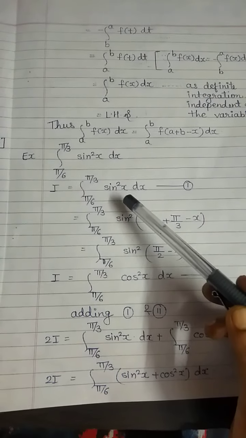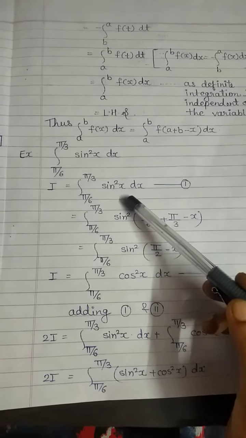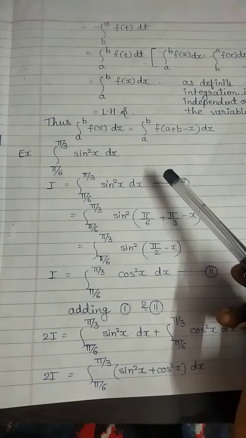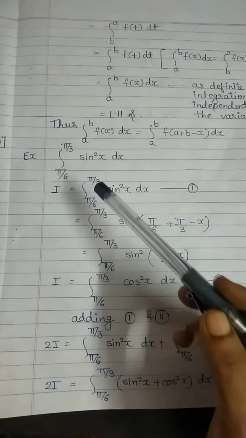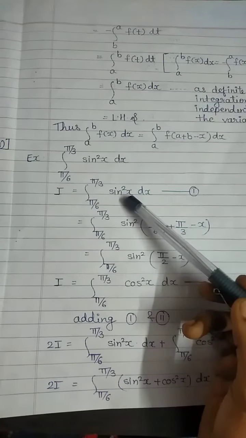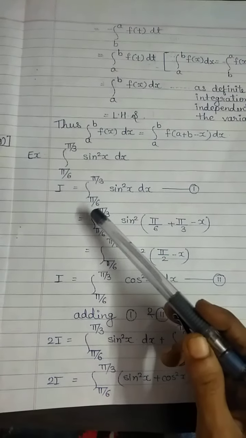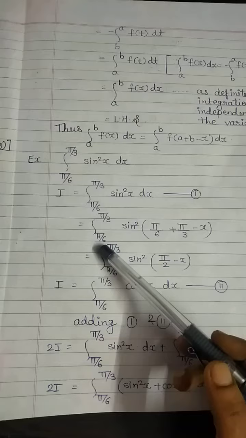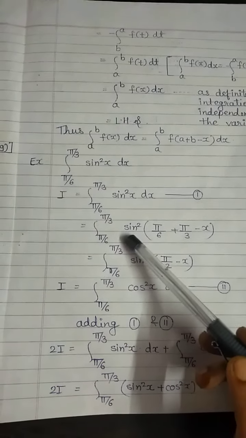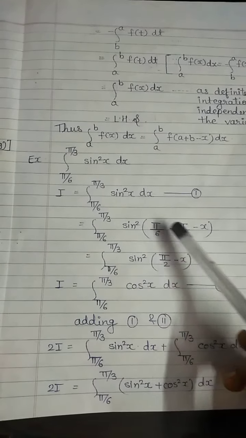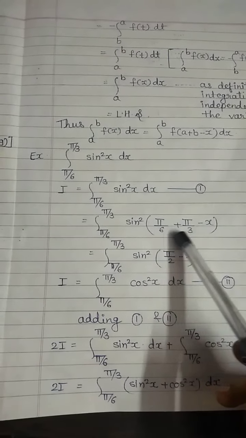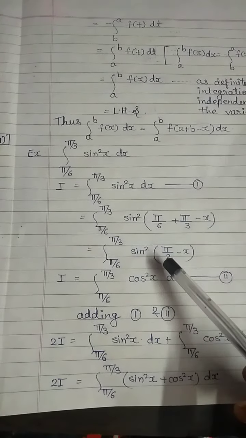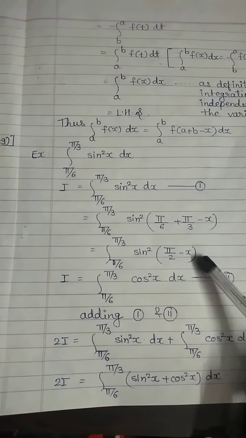Now if we write this integration in the form of a plus b minus x, as here the value of a is pi by 6, value of b is pi by 3 and x as it is, then we will get integration pi by 6 to pi by 3 sin square of pi by 6 plus pi by 3 minus x. So after simplification of this, we will get pi by 2 minus x.